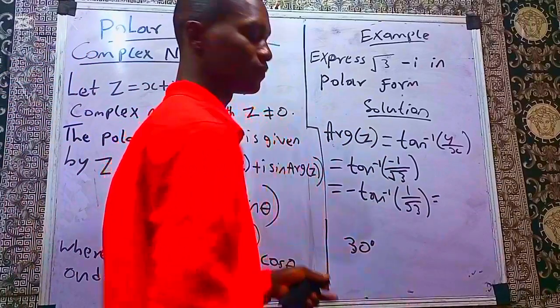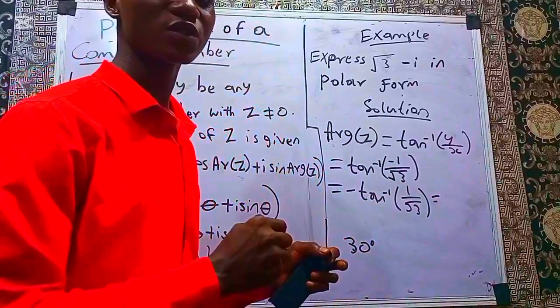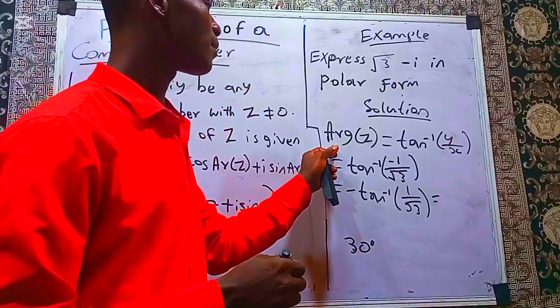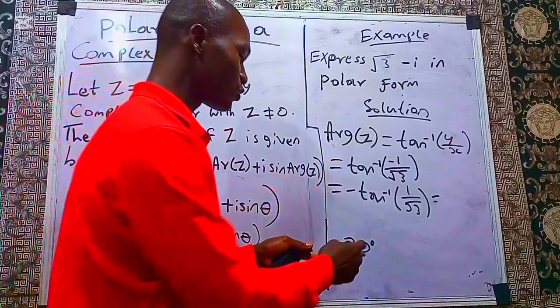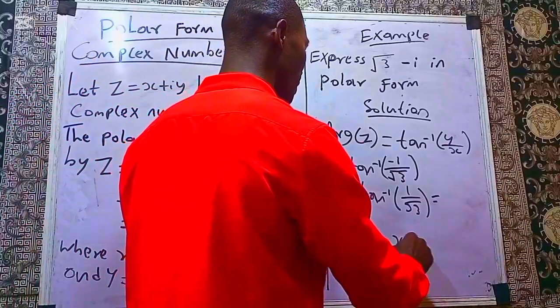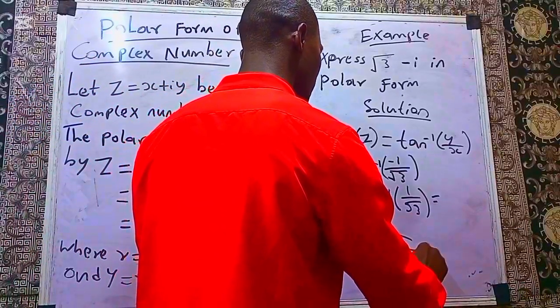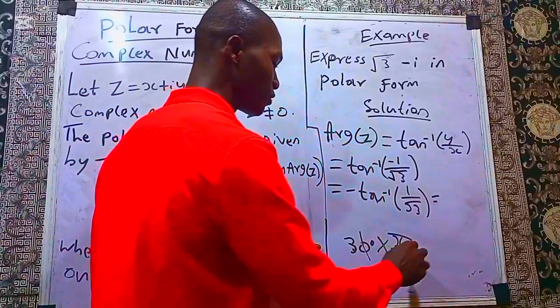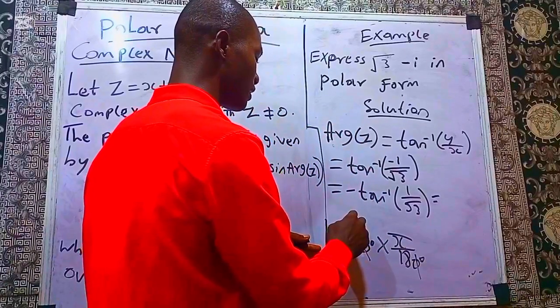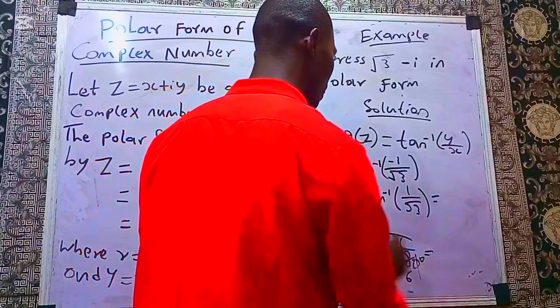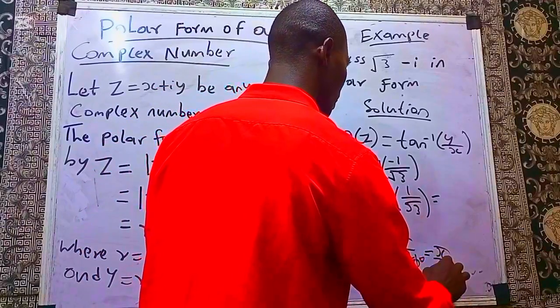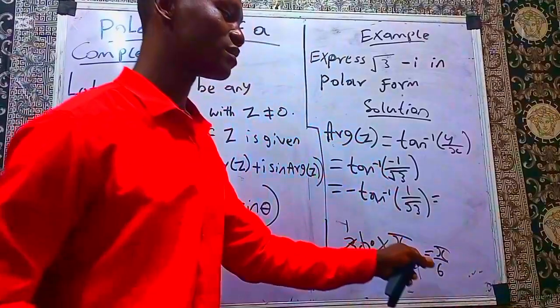30 degrees. Now our angles, the principal argument, must be expressed in what? Radian. So we'll convert this to radian. Just multiply it by pi divided by 180 degrees. So if you do that, 0 cancels 0, 3 divides itself, 1, and 3 divides 180 to give 6. So now we will get pi over 6.